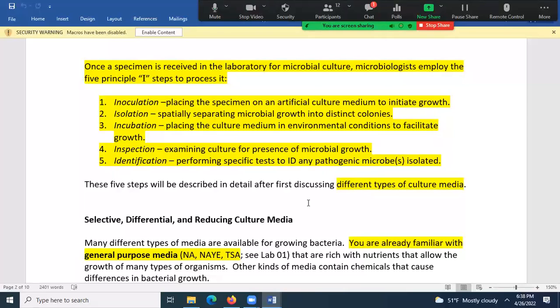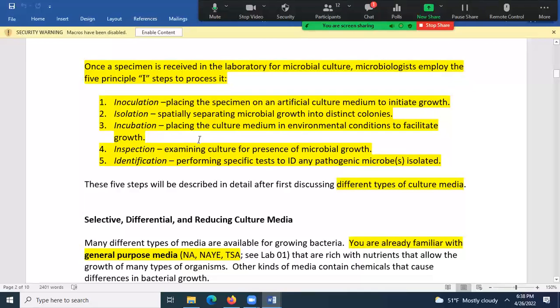All right, the first step is inoculation. That's placing specimens on an artificial culture medium to initiate growth. You then have to isolate the culture to spatially separate the microbial growth into distinct colonies. You will incubate the culture, and that's just placing the culture in an appropriate environment under conditions to facilitate growth.